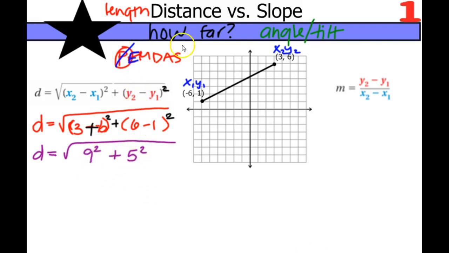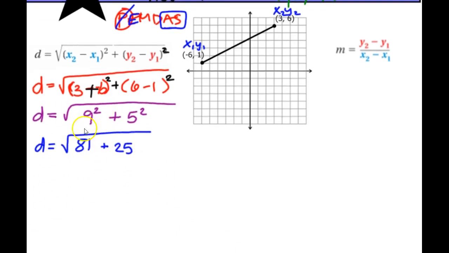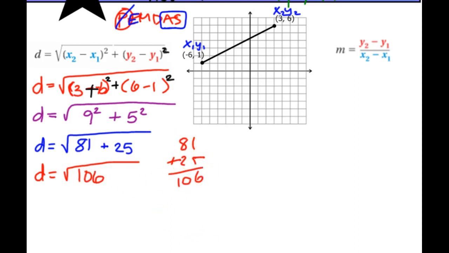We can't add 9 plus 5 because that's way down here for adding and subtracting. So 9 squared, or 9 times 9, is 81. And then 5 squared, 5 times 5, is 25. It's not 5 times 2 is 10. No, no, no. It's not 9 times 2 is 18. We're multiplying by itself. So if we add these together, 81 plus 25, we get 106.